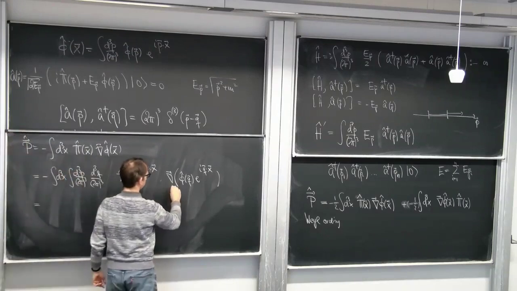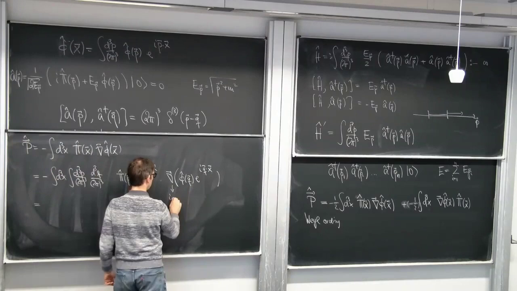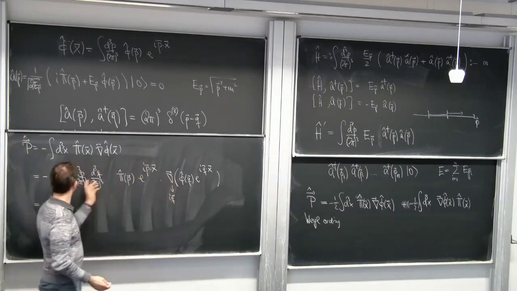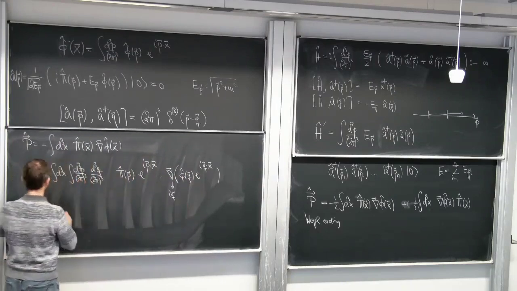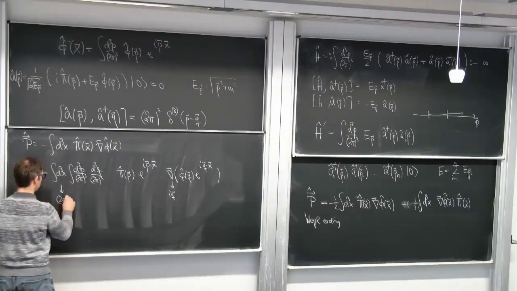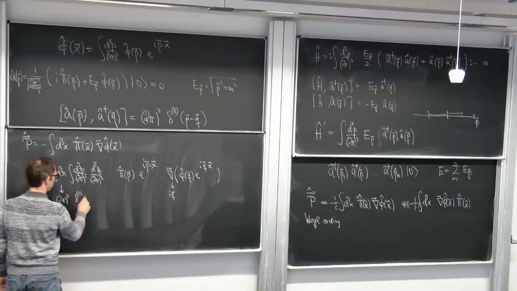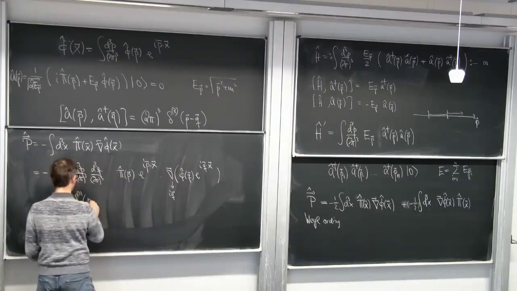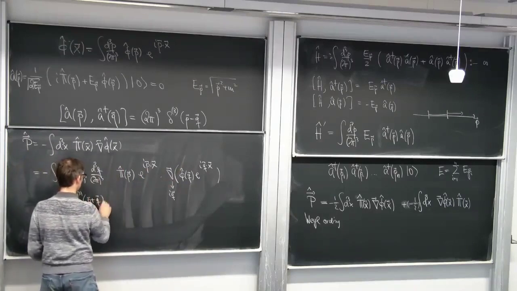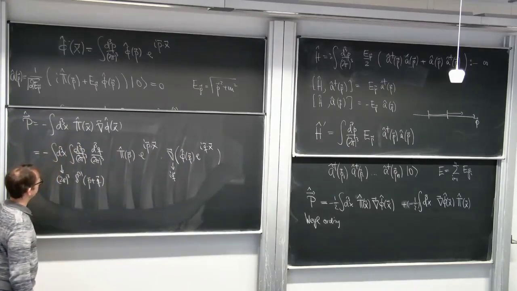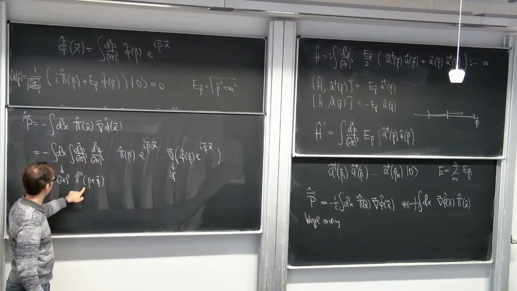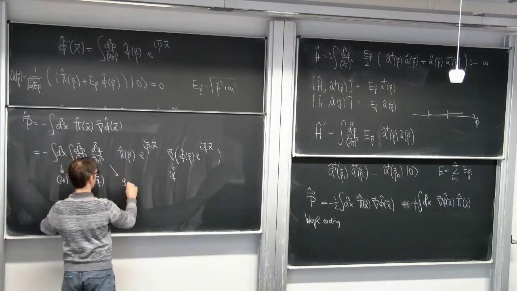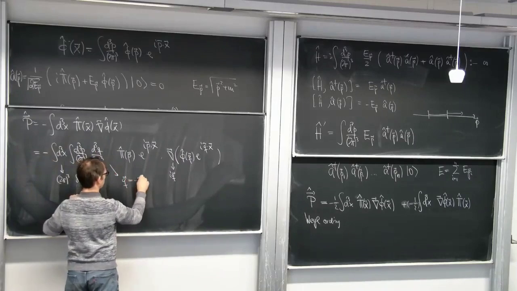The derivative will be replaced by i q, so then there's no derivative anymore. Then I can perform the x integration because of this and this exponential. The x integration will give me a 2 pi cubed delta function of p plus q. And then I can perform the q integration using this, which will then set q to minus p.